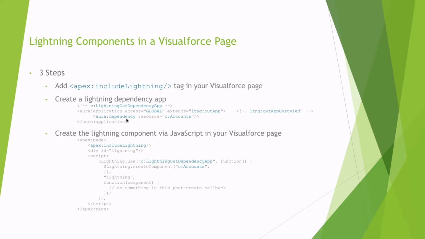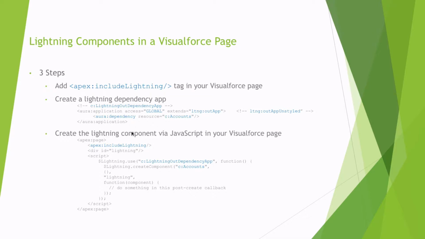Like I said, it'll make sense shortly, but until then, just keep in mind that it is only the top level ones. So if you have a component that has multiple child components in it, nested, you don't have to create dependencies for those nested components. Just the parent component is enough. Okay, because the Lightning framework resolves child component dependencies automatically.